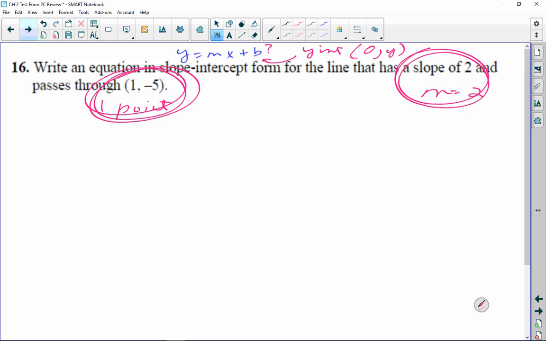Slope. I've got a point and a slope, so I can start with point-slope. Point-slope form is y minus y1 equals m times x minus x1. That's point-slope form. Write that down, please.